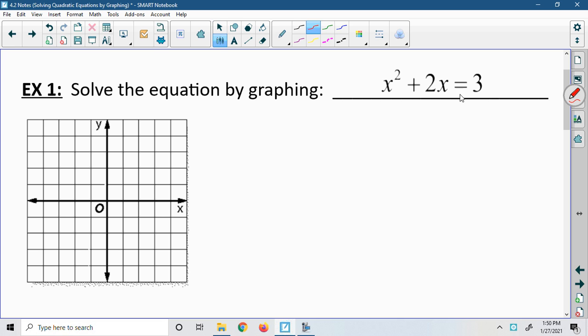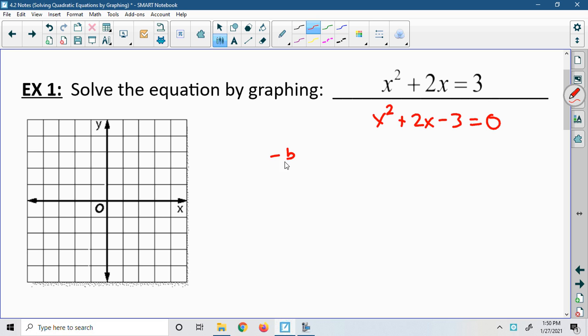Example 1, here is our quadratic equation. First thing you always want to do is get that thing in standard form, which means setting it equal to 0. So I'm going to subtract that 3 over to the left side. Now it's in standard form.